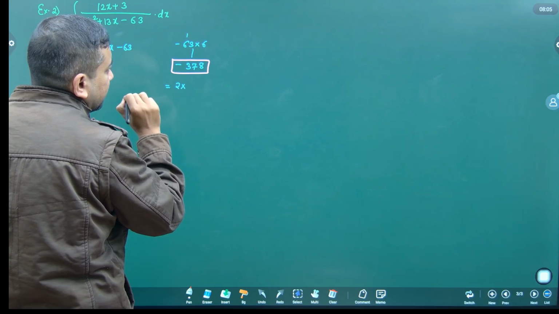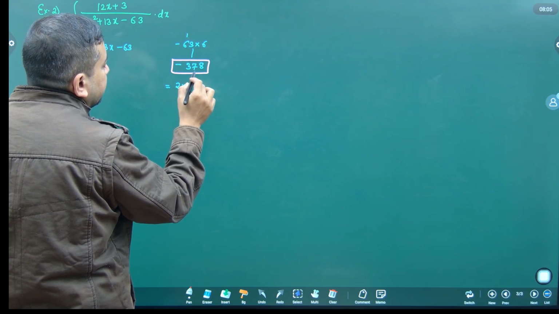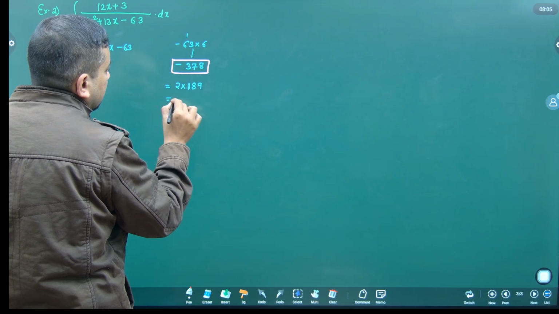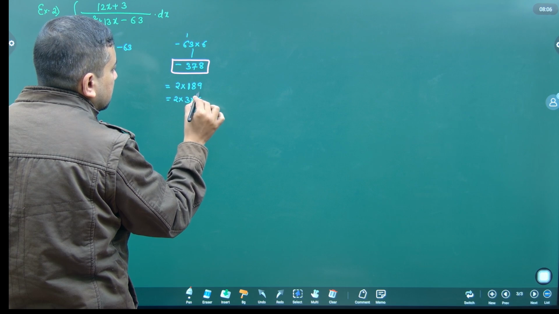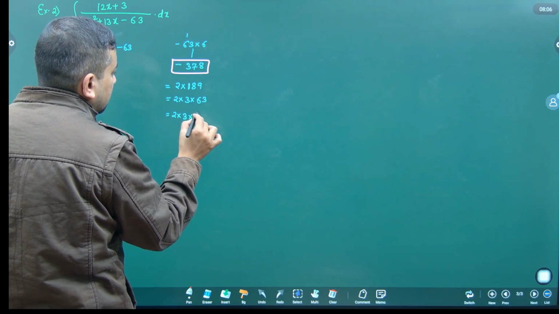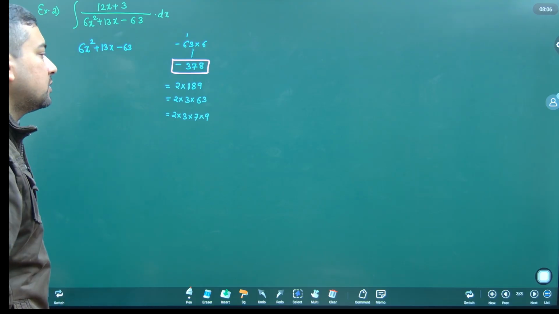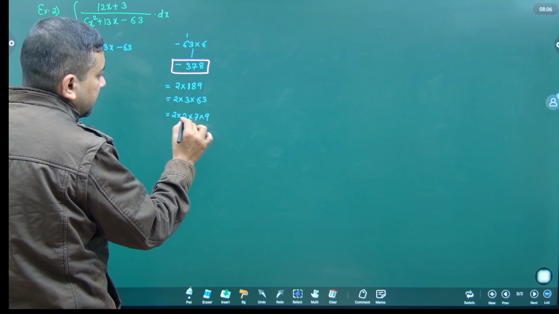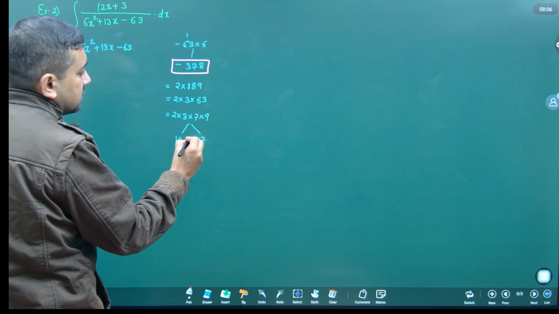We know the procedure: 2 into 3 into 3 into 7 into 9. So the factors are 7 into 2, 14, and 9 into 3, 27. Now adjust this side. Here it is plus 13. So plus, minus.